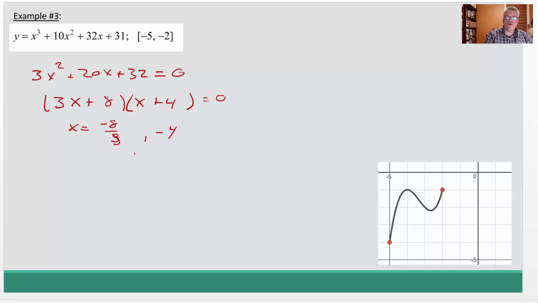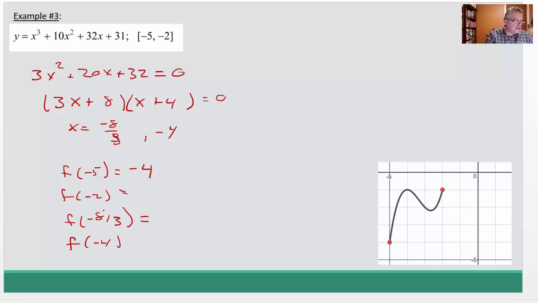Okay, so we've got to find the function at the endpoints, f of -5, f of -2, and at the critical points, -8/3 and -4. Okay, let's see what I got for those. For -5, I got the value of the function is -4. At -2, the function is -1.